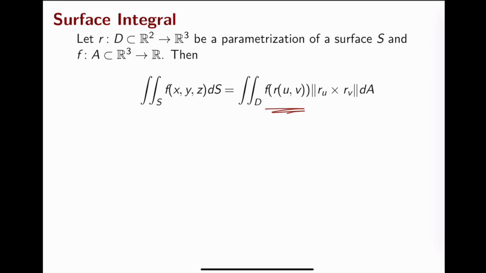The function evaluated at this parametrization is going to be a real number, and the magnitude is a real number too. So here we have a numerical function, and the domain is in R2. This is a familiar integral that we already know how to calculate.